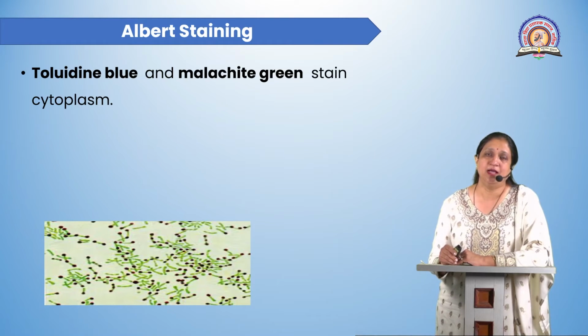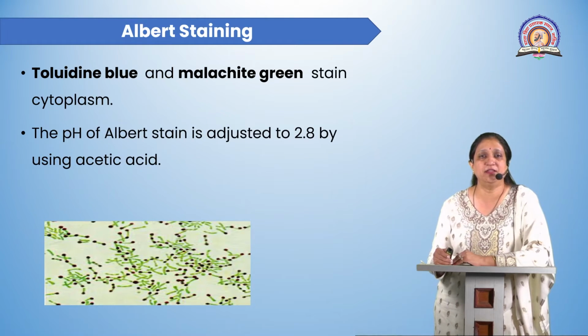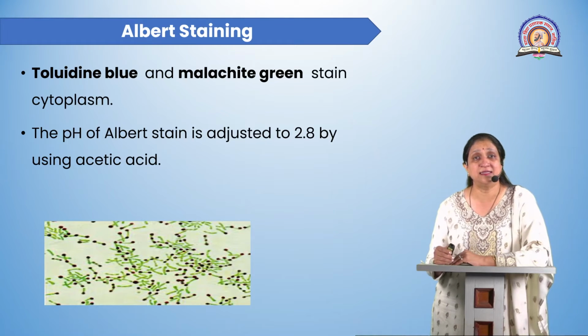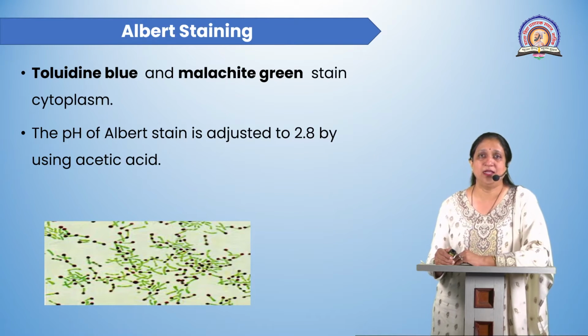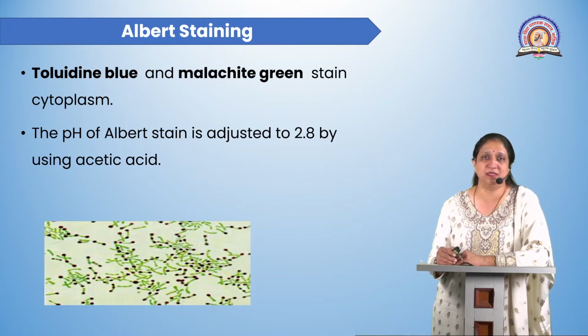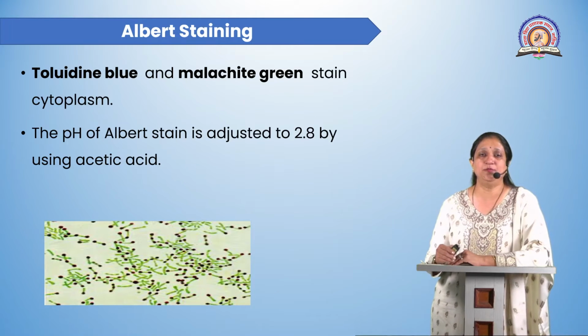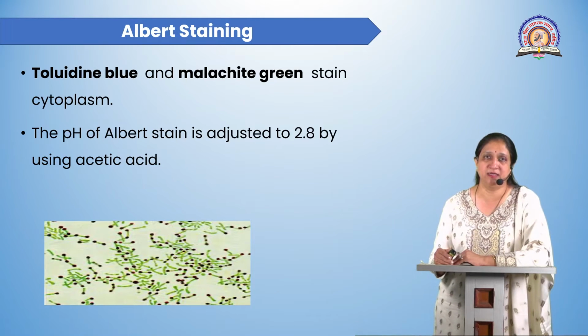Toluidine blue has a high affinity towards the metachromatic granules or the polyphosphate granules because they are highly acidic in nature, while the malachite green has a high affinity towards the cytoplasm, and therefore malachite green stains the cytoplasm and toluidine blue stains the metachromatic granules.